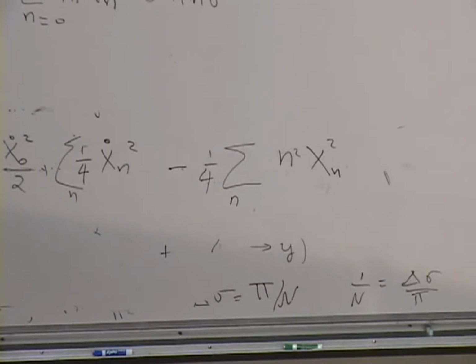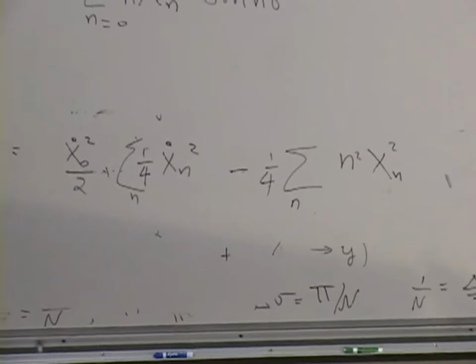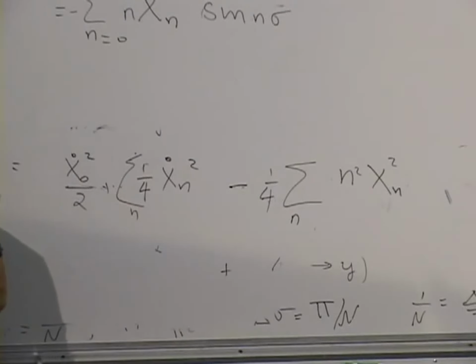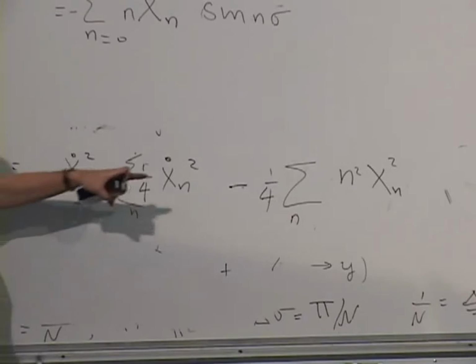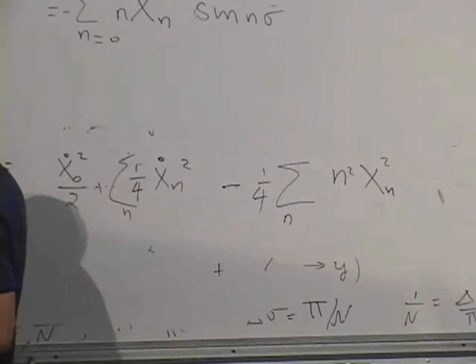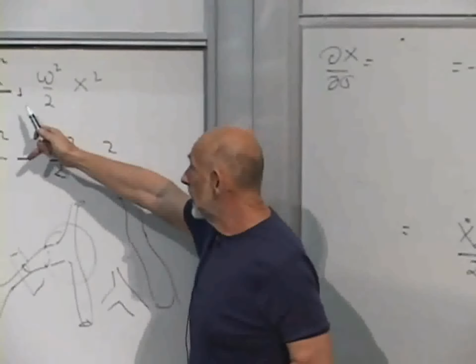Okay, so we have 3 terms altogether. The first term involves x naught. The second term involves time derivatives. It's kinetic energy. This is, of course, also the kinetic energy of the whole string. And then there's something which involves x squared. Let's go back to here. This is the energy of a harmonic oscillator.